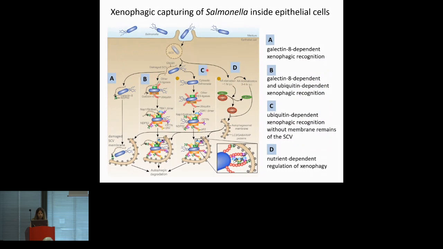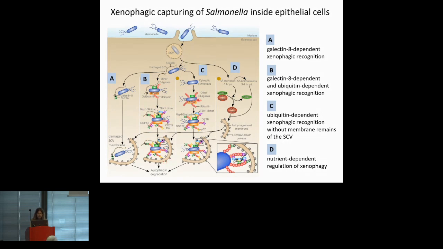So we have here four different ways, and the first one is a galectin-8 dependent recognition, and we see here the autophagosomal membrane, and if Salmonella binds to that membrane, the degradation of Salmonella starts. And here we have the damaged Salmonella-containing vacuole membrane. The next pathway is galectin-8 dependent and ubiquitin dependent, forming big complexes that also enable the binding to the autophagosomal membrane.